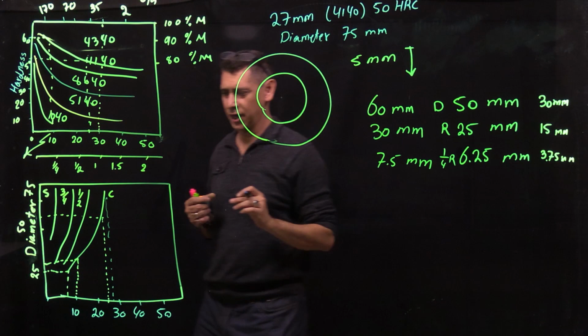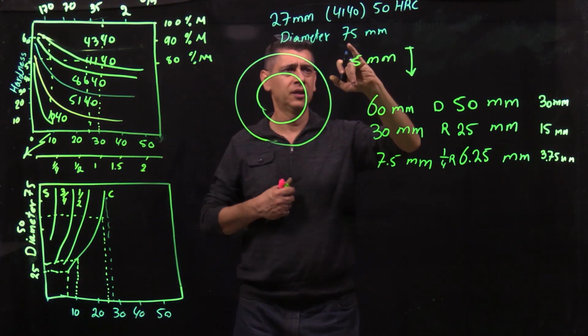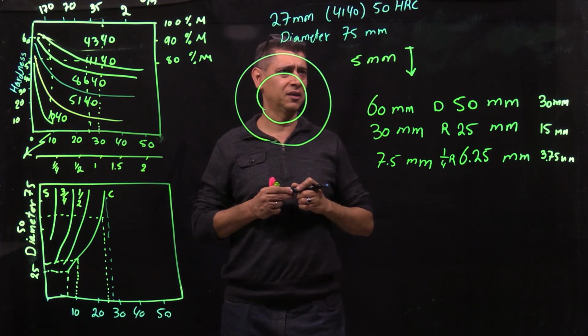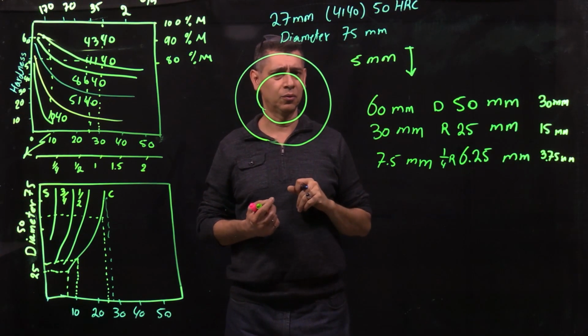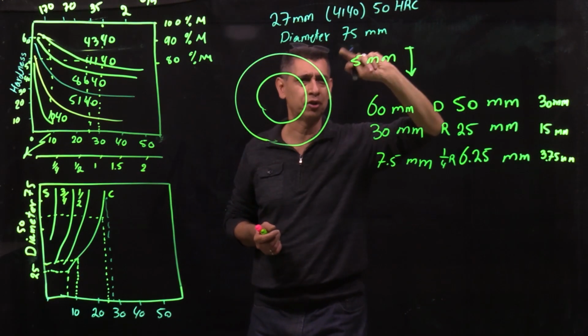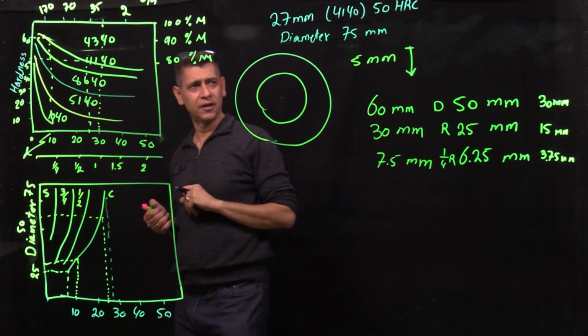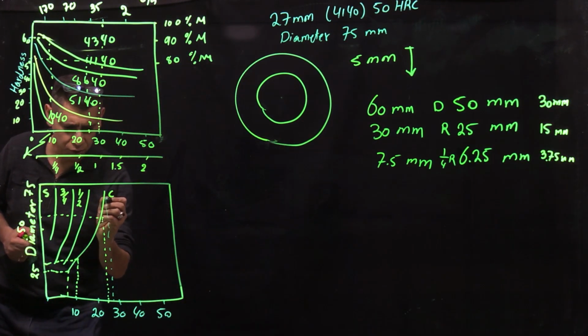So you go and check what happens at 1/4. 1/4 is this divided by 8. I think it's roughly around 9 something. So you will calculate what is the hardness at 3/4 of the radius. You have here, you go here to 3/4, look at that.